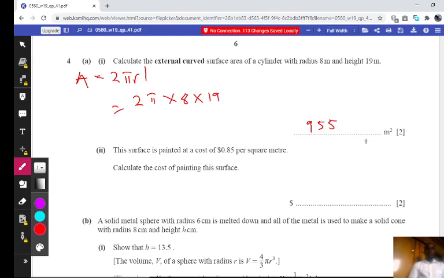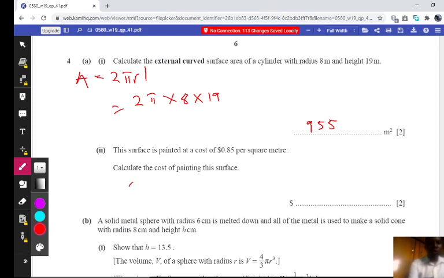Right, item 2. This surface is painted at a cost of 85 cents per square meter. Calculate the cost of painting this surface. So we have 955 square meters at a cost of 0.85 per square meter.